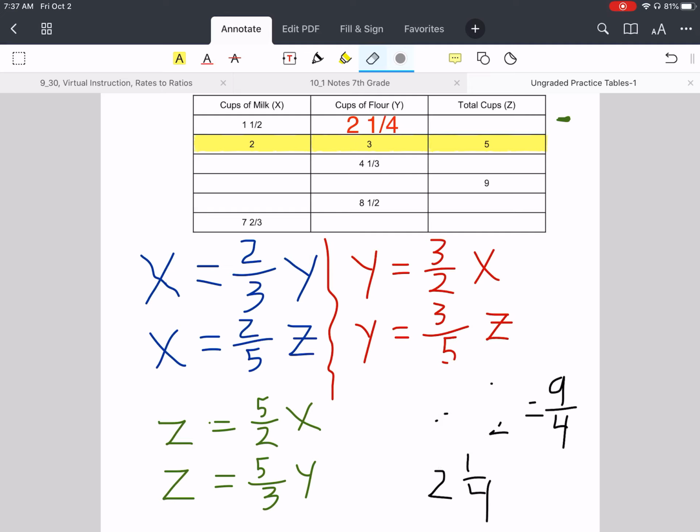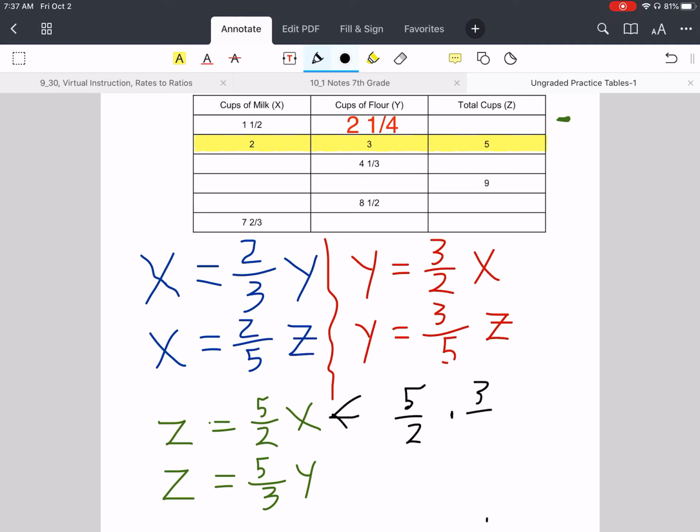Need to erase this and go to z. So now we see that z is equal to 5 over 2x. Right, that's our formula here. So 5 over 2 times 1 and 1/2, which is the same as 3 over 2. That's going to equal 15 over 4.